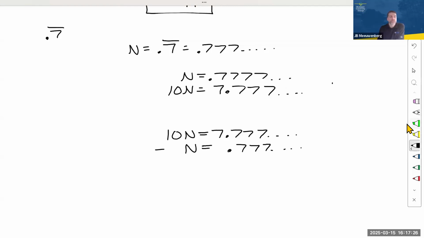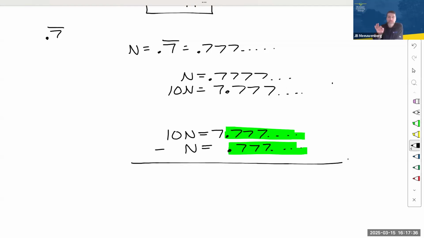When we do this technique, we need to find a way to get the decimal sections of the number to look identical to each other. That's what it all comes down to. Can you manipulate these through some multiplication by 10 or 100 or 1,000 to get the decimal portions identical? And all we had to do here was multiply by 10.